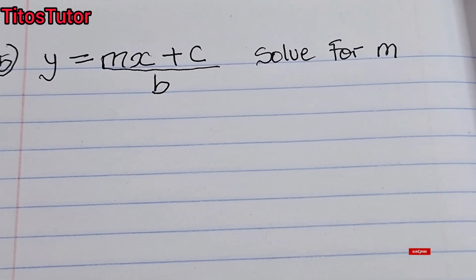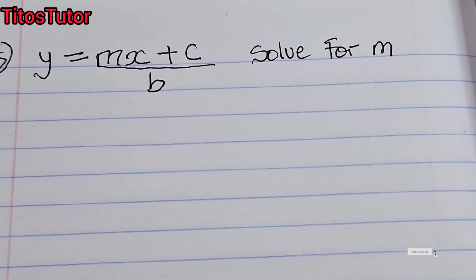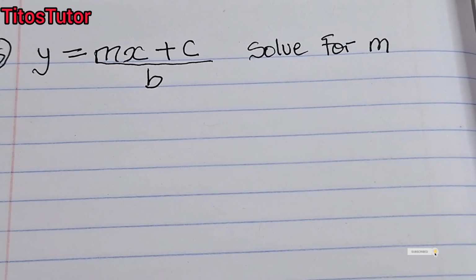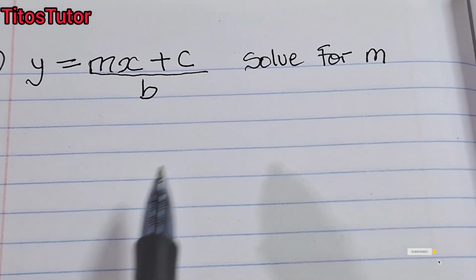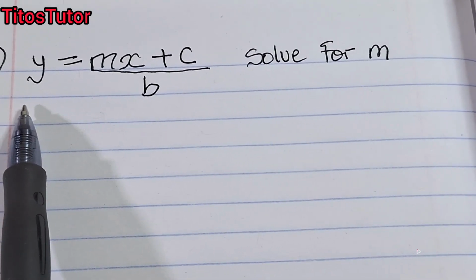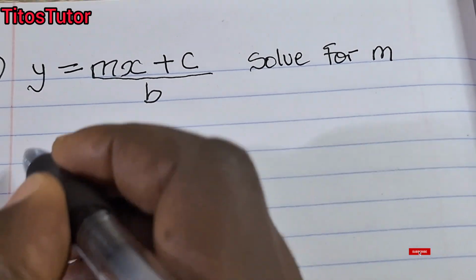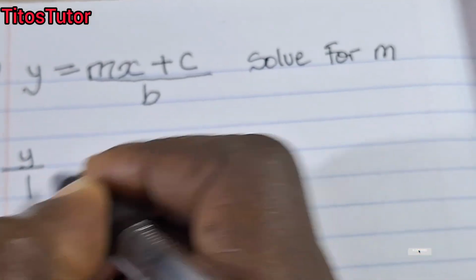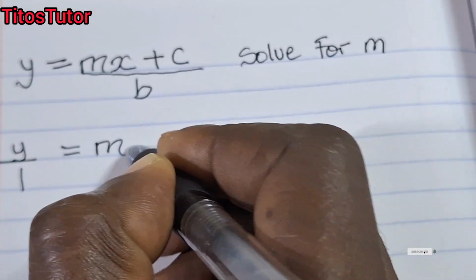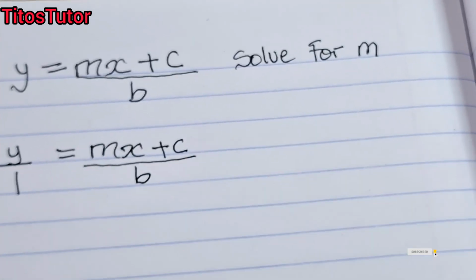Here's our 5th example, and it says y equals mx plus c all over b. Solve for m. Here's a fraction. I'll make this side a fraction as well by putting it over 1. So I have y over 1 is equal to (mx plus c) all over b.